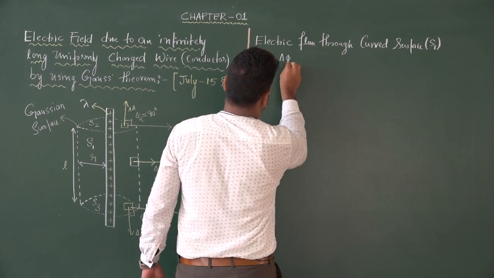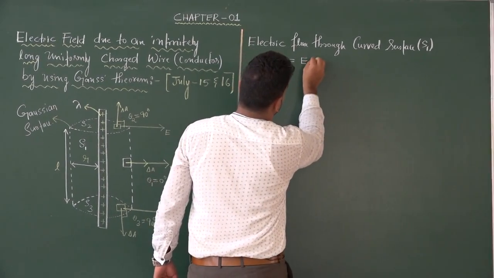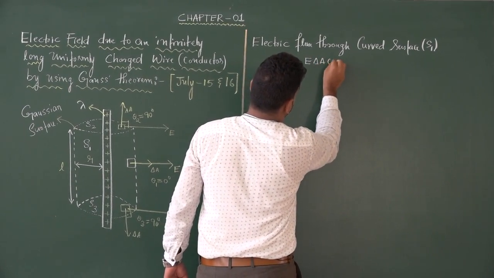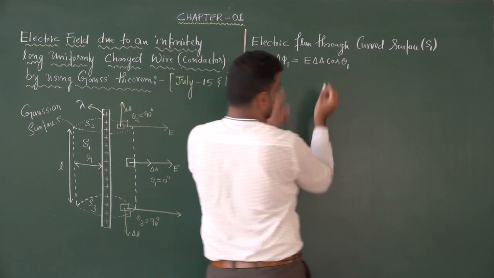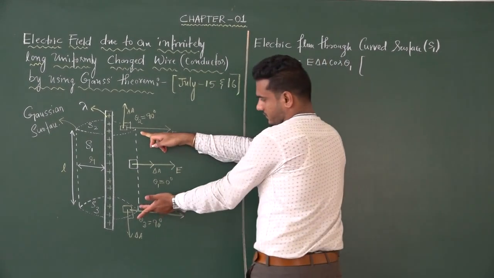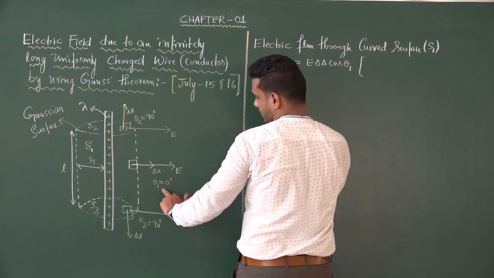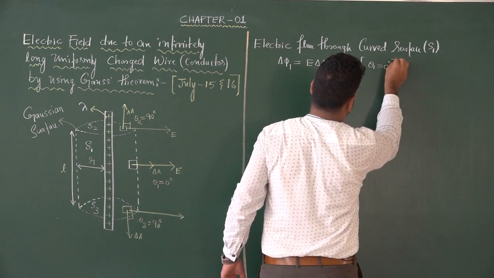Electric flux through the curved surface, delta phi 1. What is the equation for electric flux? E delta A cos theta 1, because here given phi 1, so theta 1. Electric flux through the curved surface. Look at the curved surface. What is the theta 1 we have? Theta 1 is equal to 0 degree.